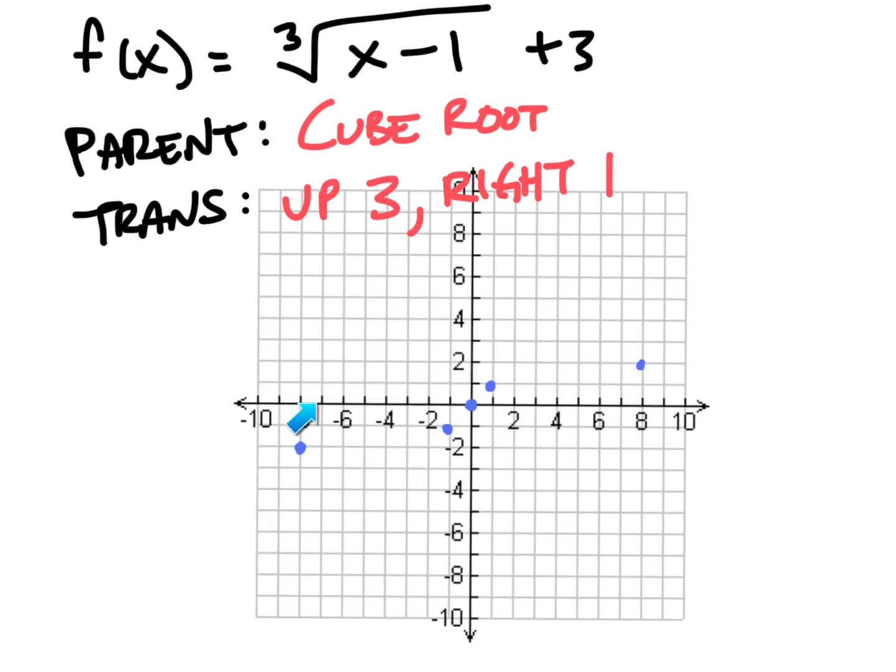So my first point would be at negative 7, positive 1. Up 3 from the origin, over 1. Now, you might notice these 3 points just kind of stayed together here. And then the final point, up 3, over 1.